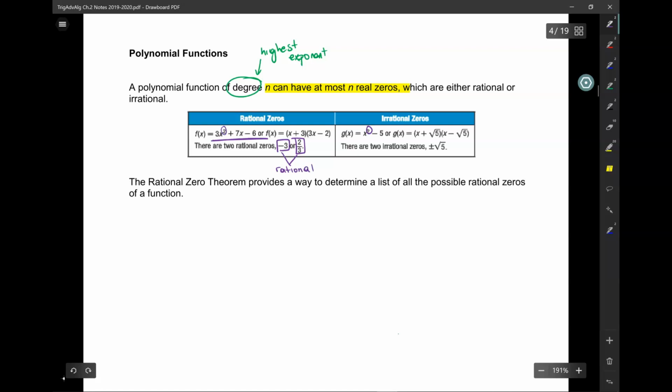That means they're either whole numbers or they can be written in terms of a fraction, which is either a repeating decimal or it ends. Okay, look at this next one. Somebody found the zeros to be plus or minus √5. √5, this is a non-ending decimal. It's an irrational number.